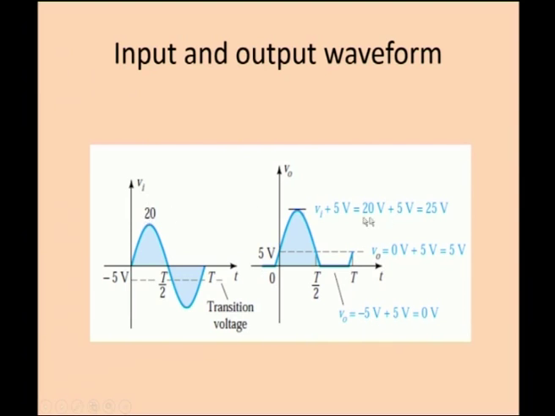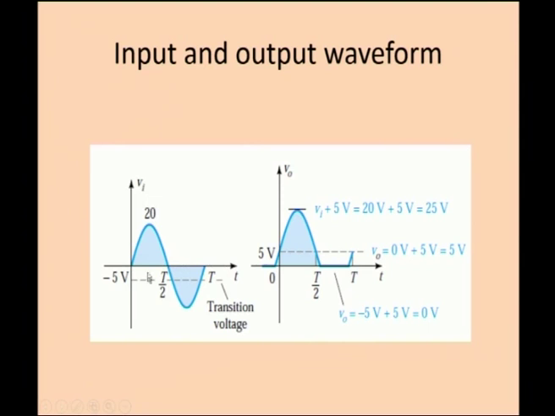So, you have to substitute here 20 plus 5 volt, because we have the DC supply reversely polarized. So, it is 20 volt plus 5 volt, it will become 25. And at this point V naught is equal to 0 volt plus 5 volt, because the input voltage is 0.